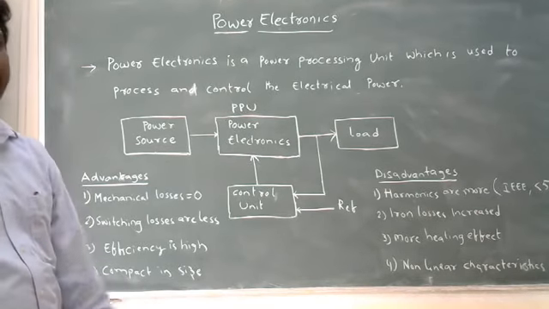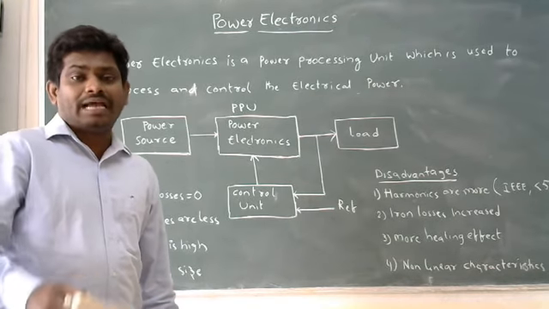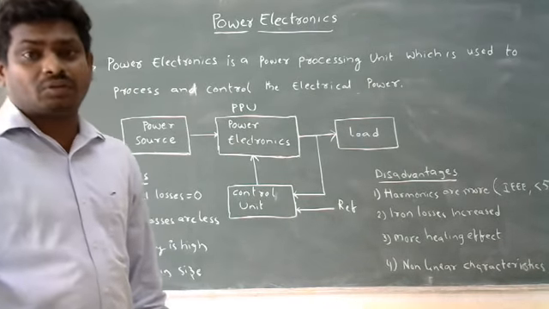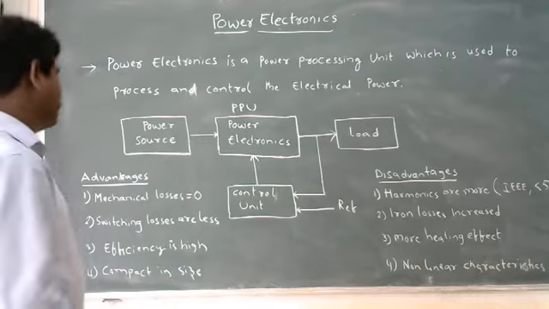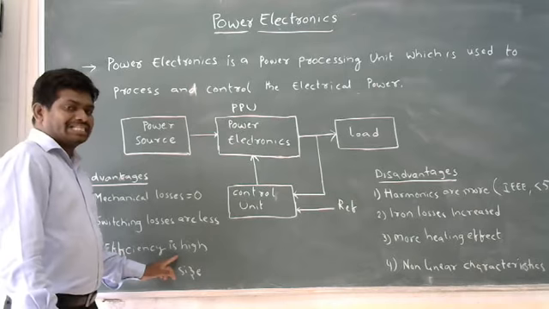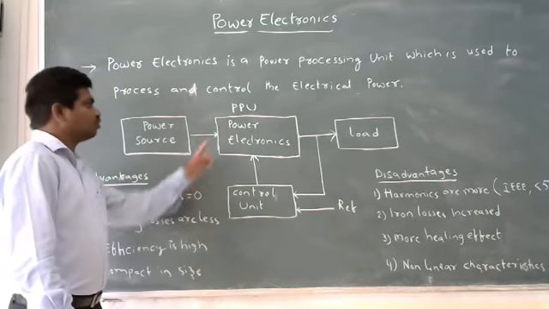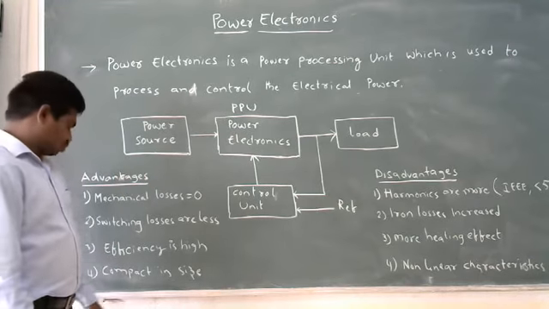When losses are reduced, we can get more output power, and the output power is directly related to the efficiency. That's why we can say efficiency is improved. Thereby, efficiency is high when you use the power electronic circuits.